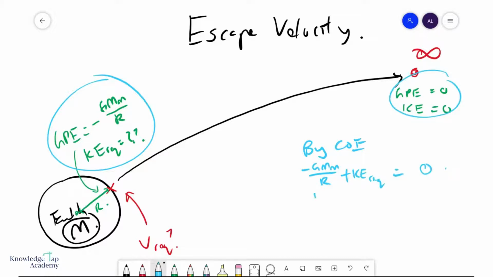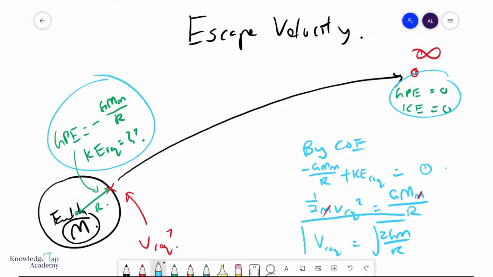And so the KE required, half m v required squared, equals GMm over r. We're going to cancel away the small m, and then v required will be the square root of 2GM over r. And this is what we call the escape velocity. Nice equation to know.